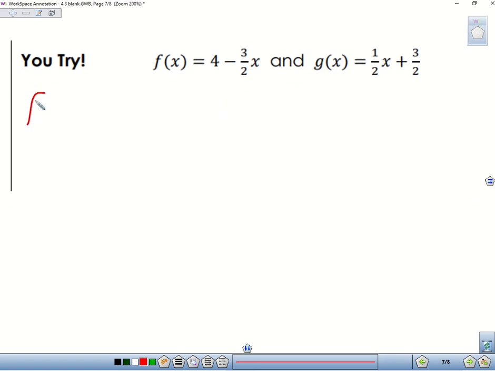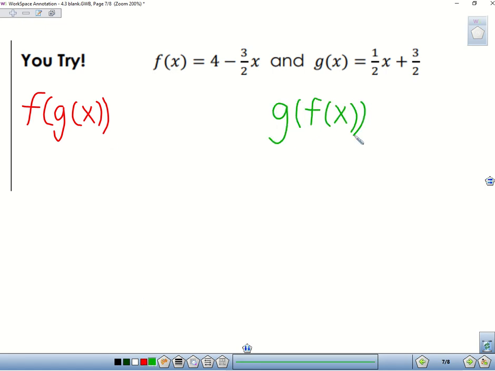So I have to compose and do f of g of x. And I have to compose and do g of f of x. So I rewrite the f of x function without the x.